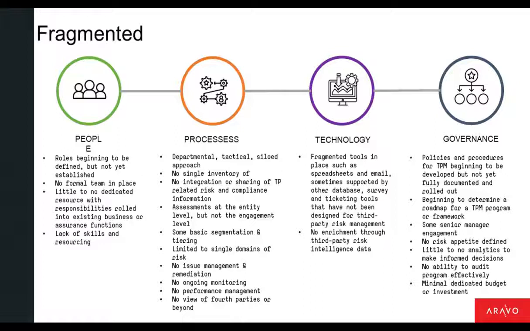Now, by the time you get to the fragmented stage, what you're tending to find is that different functions are starting to implement their own processes and tools to solve for their own departments or domains.